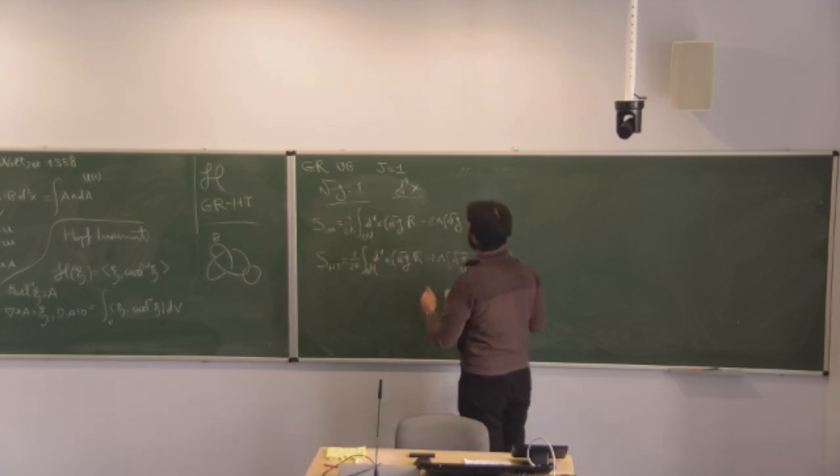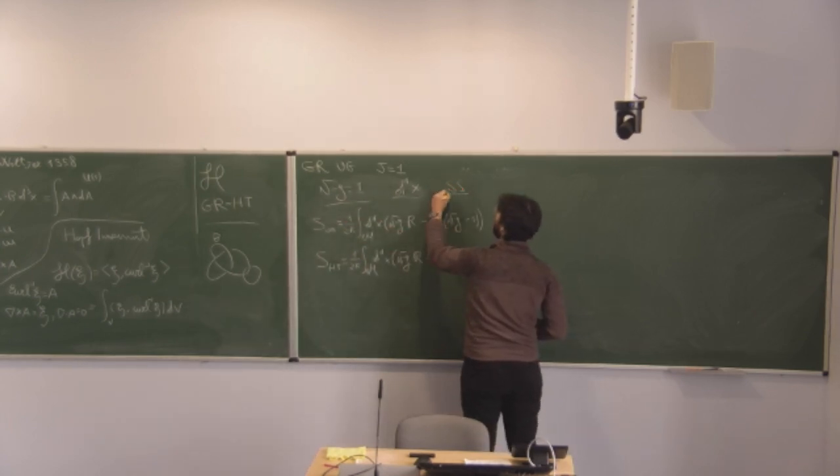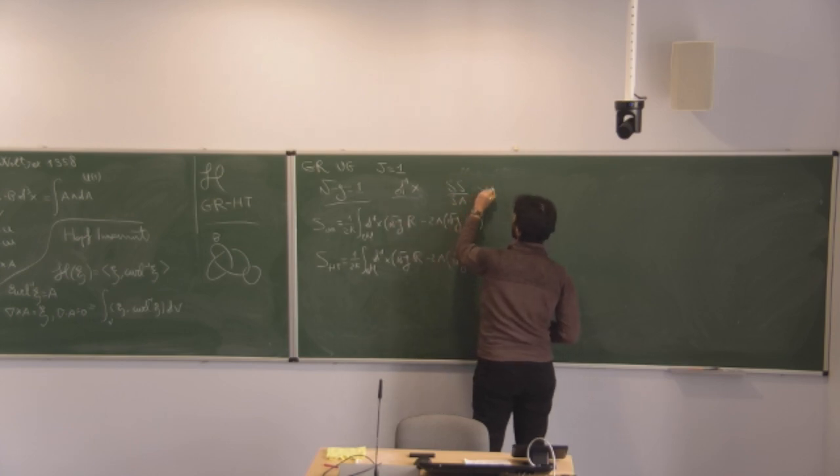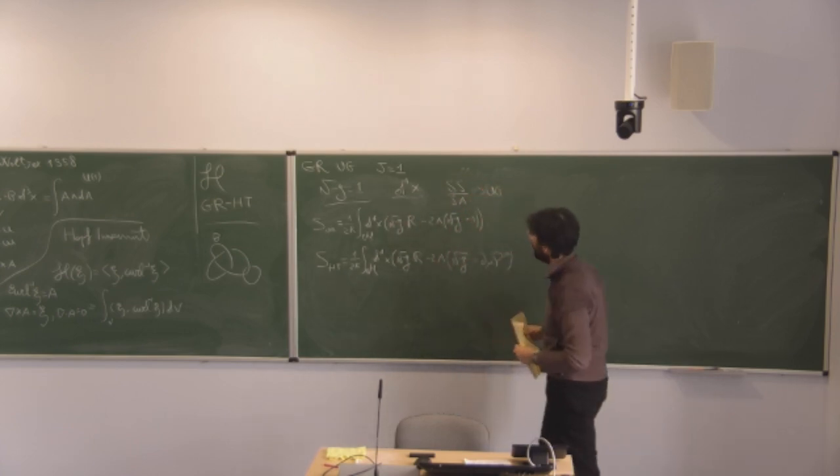So you take the variation of this action on lambda, and you will get exactly the unimodular constraint.